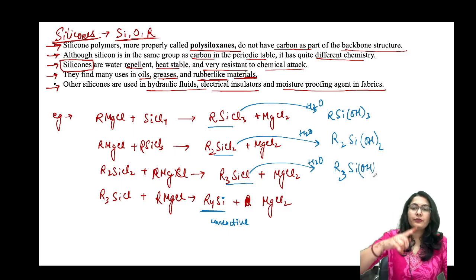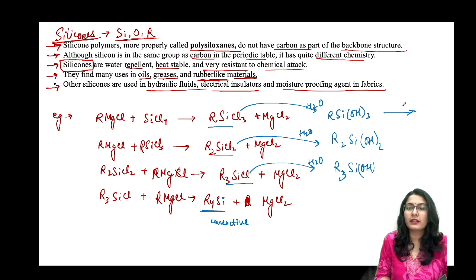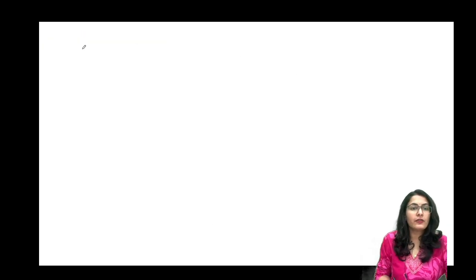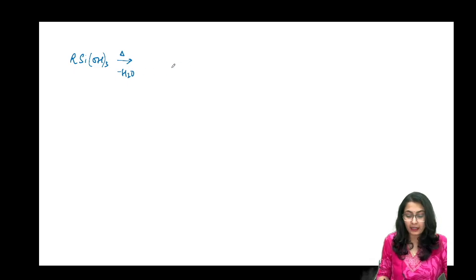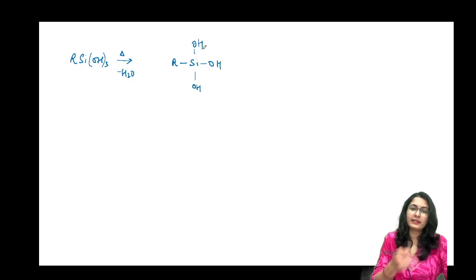Okay. Now further, if you want to heat it, you are heating all of them at a certain temperature. What will you get? Let's see in the other slide. So you started with RSiOH whole 3. You are heating this system. What will happen? Elimination of water will happen, and along with that, there were actually OH present like this.